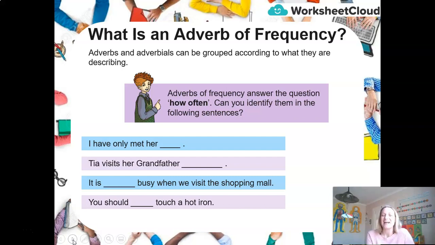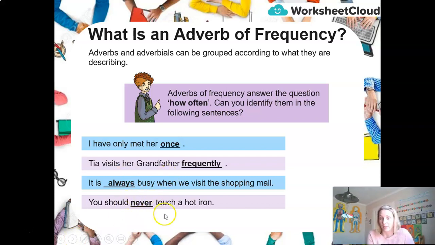Okay, I have only met her once. It could have been twice. Tia visits her grandfather frequently. Could have been seldom. It is always busy. Could have been often busy, that kind of thing. You should never touch a hot iron.